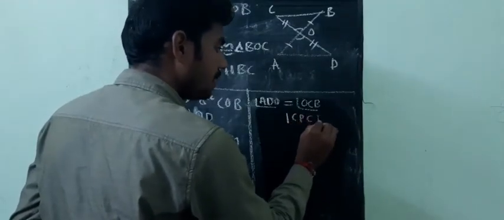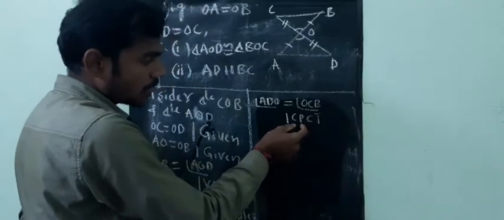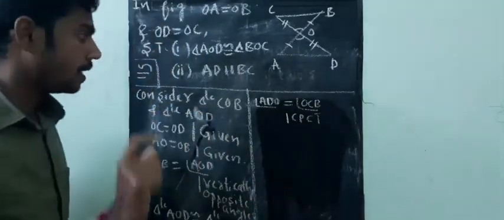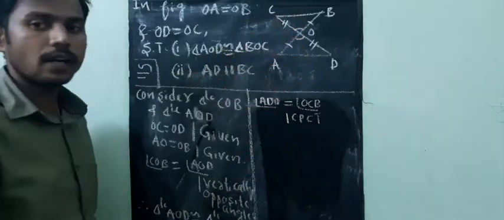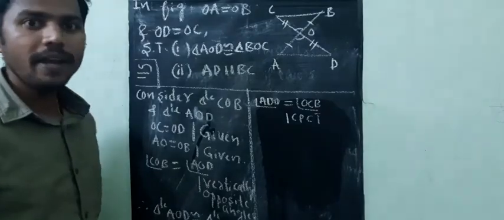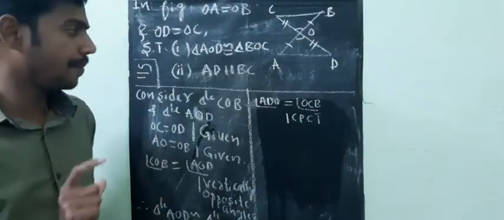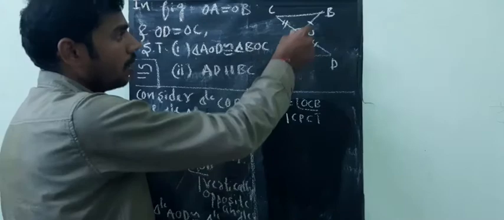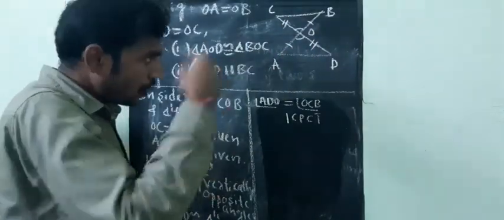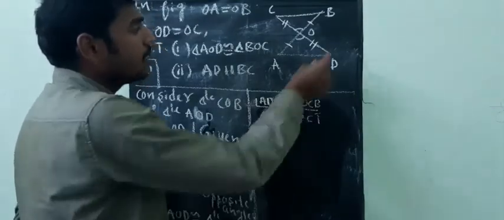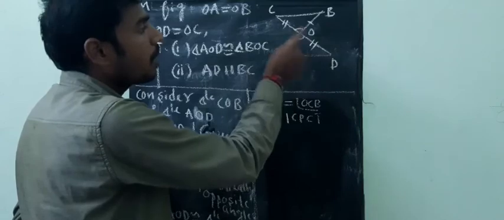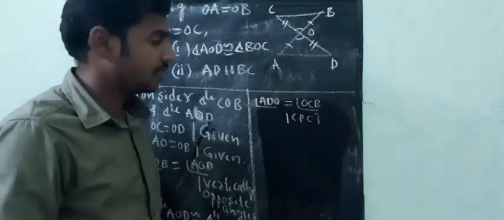What do you mean by CPCT? Corresponding parts of a congruent triangle. If I prove the two triangles are congruent, then their corresponding parts will be congruent. Congruent means exactly the same. So we proved this triangle is congruent to this triangle. Because we proved that, I can write this angle will be equal to this angle, because of corresponding parts of a congruent triangle.